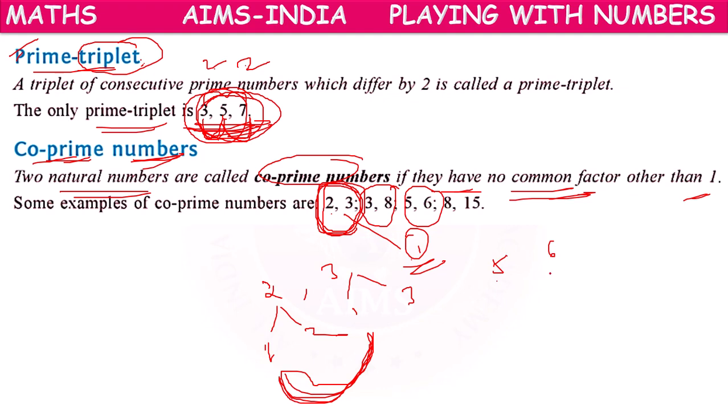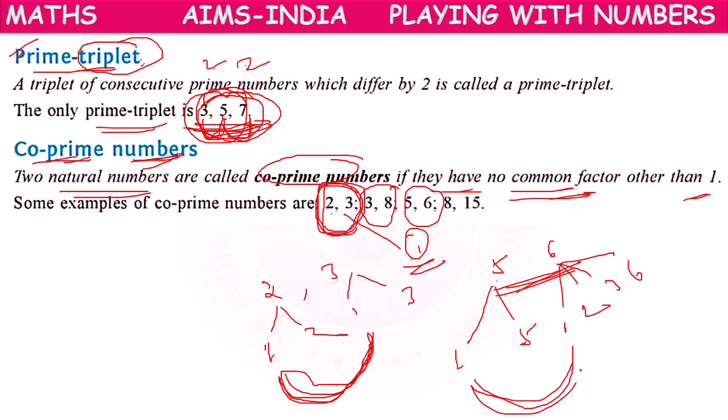But for checking co-primes, we have to think about their factors. For 5, 1, 5 are factors. For 6, 1, 2, 3, 6 are factors. Which is common? Only 1 is common. That's why 5, 6 are said to be co-primes.